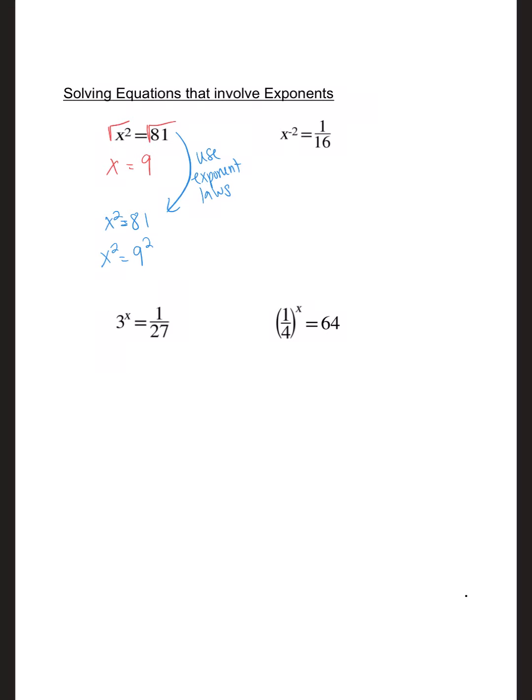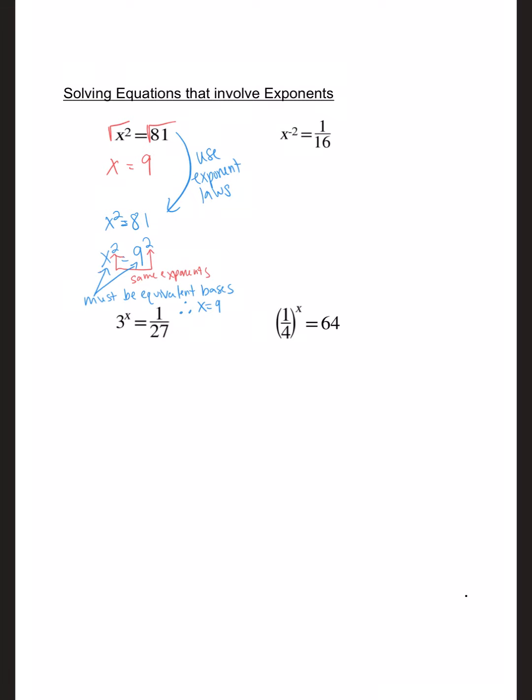So we can see we have the same exponents, so the bases therefore must be equivalent bases. So we can say therefore x equals 9.